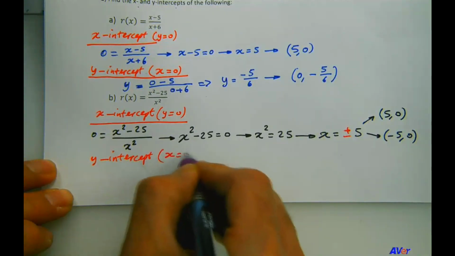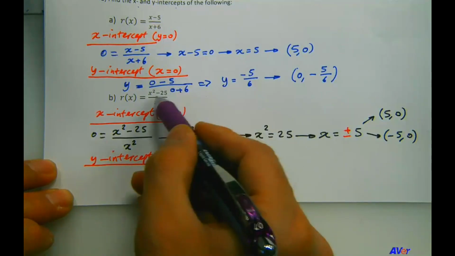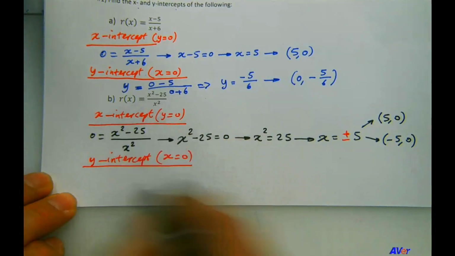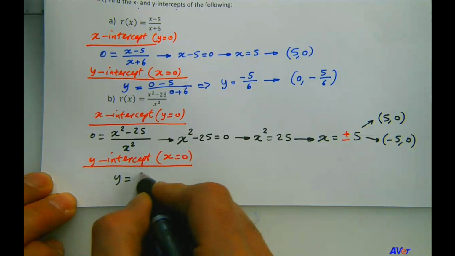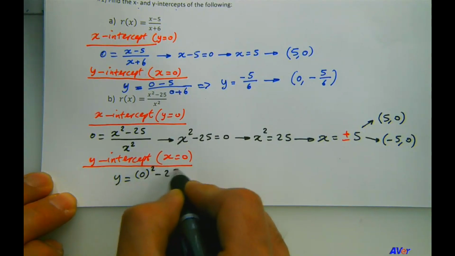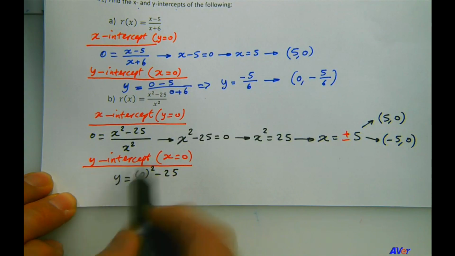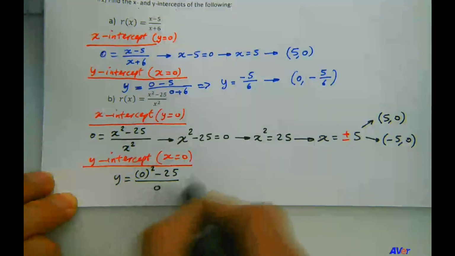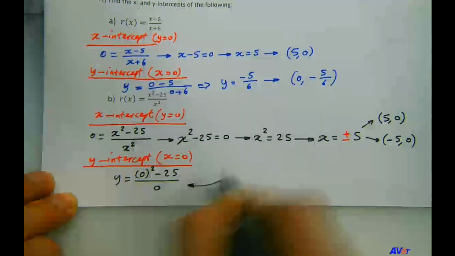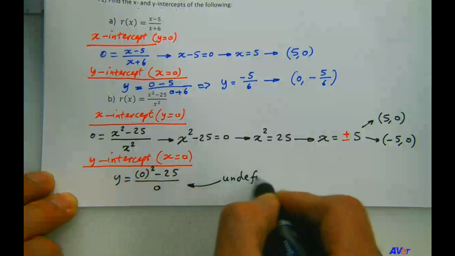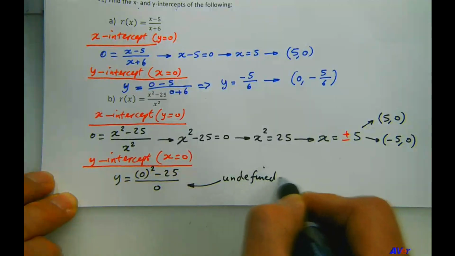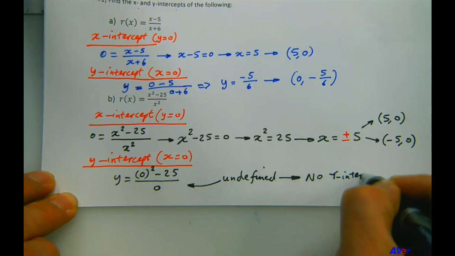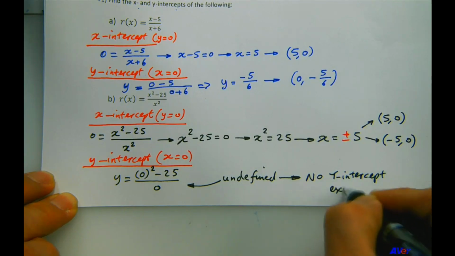That's when x equals 0. In this function, let's substitute 0 for x and find the y value. So y equals 0 squared minus 25, oh, I just noticed, divided by 0, so this is undefined, which means no y-intercept exists, right?